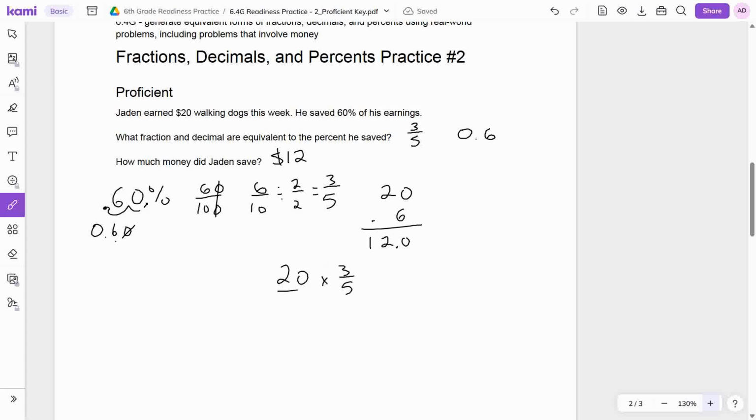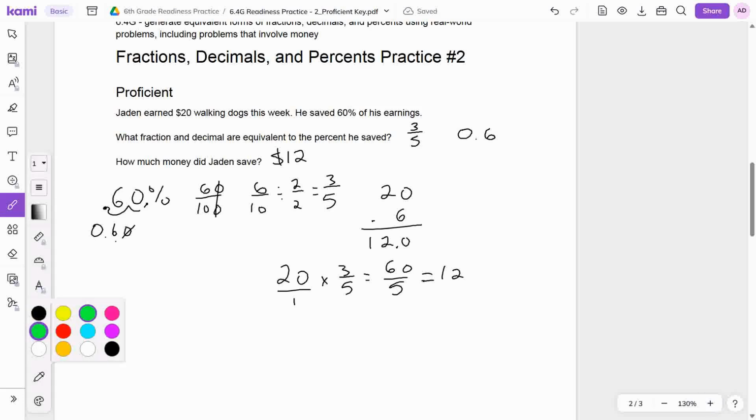Now when we do that, we reimagine the 20 as a fraction over 1, and we just go straight across, and it ends up being 60/5. You divide, and guess what 5 into 60 makes? That's going to make 12. So you could do it either way, and you're going to get the same answer. So let's put some green boxes around this.